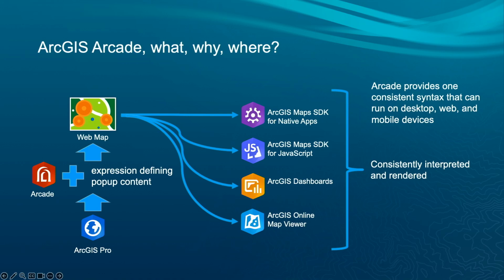If this web map is reused in ArcGIS Maps SDK for native apps, JavaScript, or dashboards, or even inside the map viewer, that same Arcade expression can be executed in these different environments. So we have at least three runtimes: one for JavaScript, one for native applications, and one in Pro.